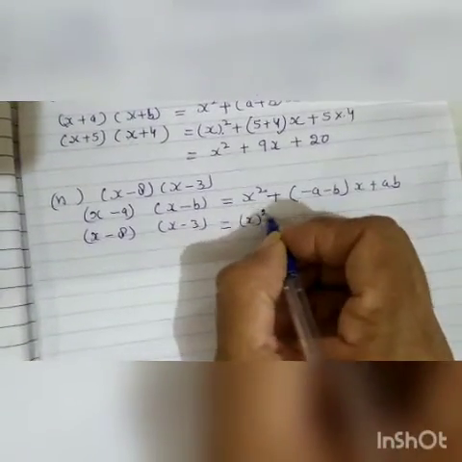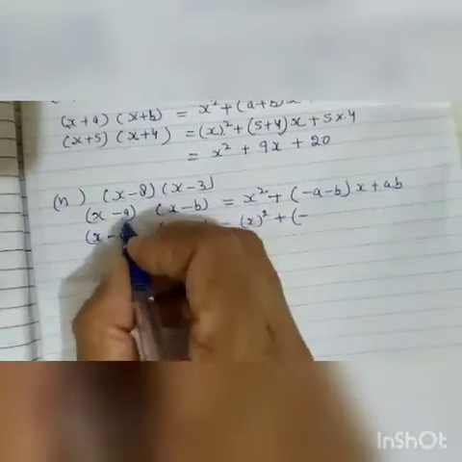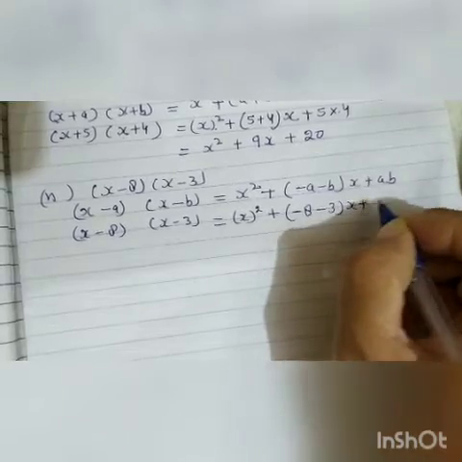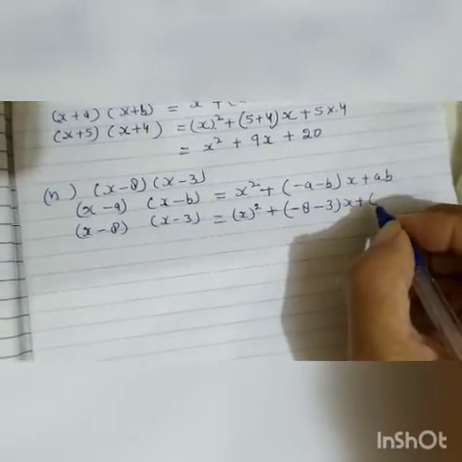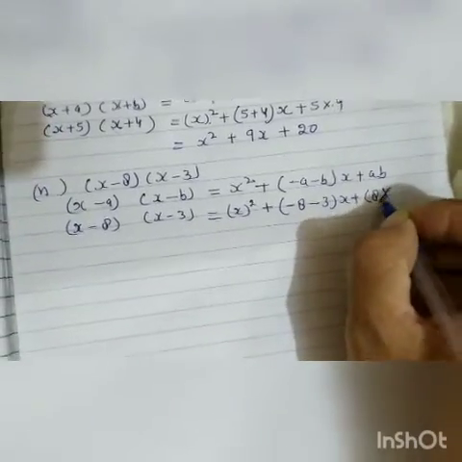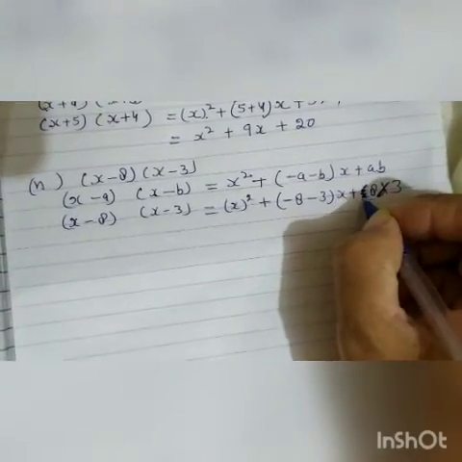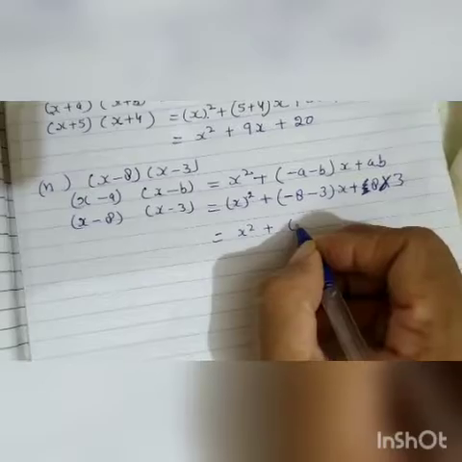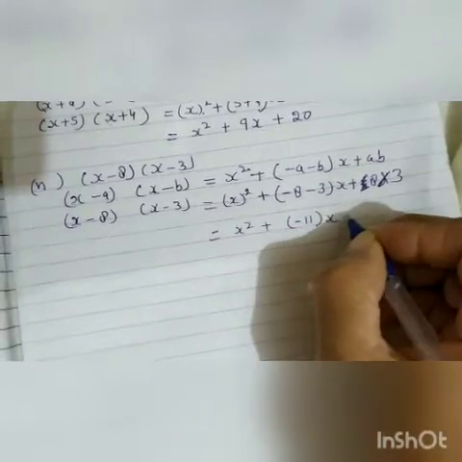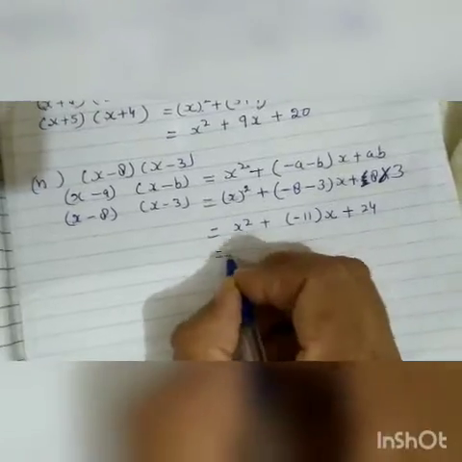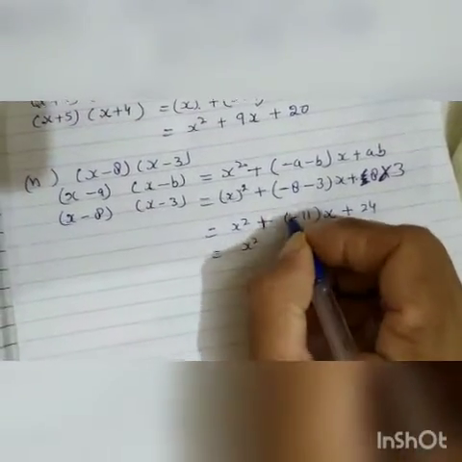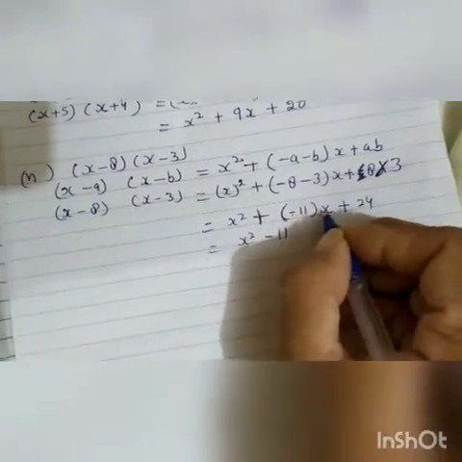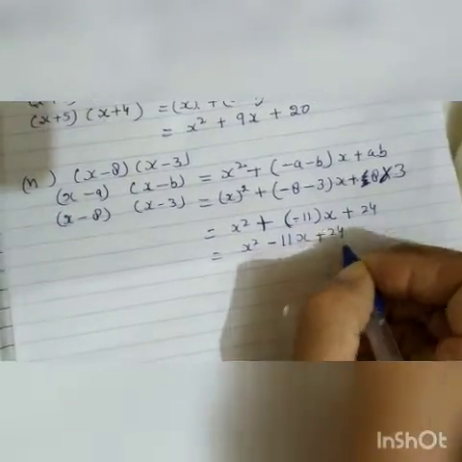It is x. x whole square plus minus 8 minus 3, into x, plus ab. a is 8, 8 into 3. No need for this bracket. Now x square plus minus 8 minus 3, we will simplify, it will be minus 11, multiplied by x, plus 8 threes are 24. So it will be x square. Outside this bracket there is a plus sign, so no need to change this sign. We will write minus 11 into x, 11x, plus 24.